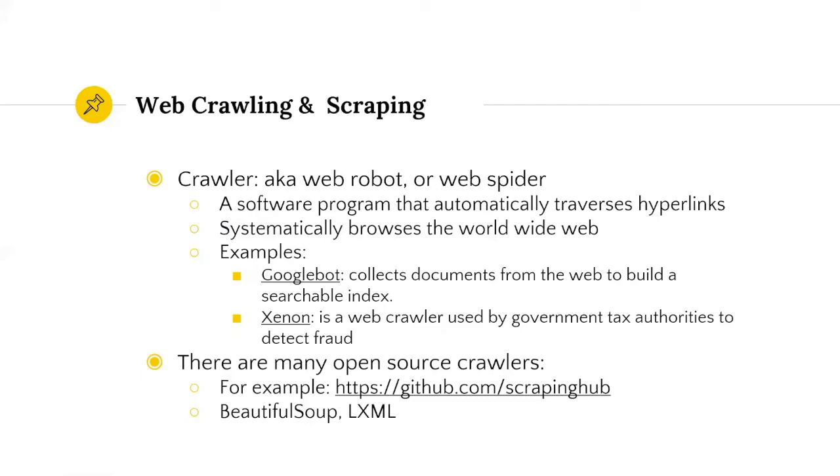A robot or a crawler or spider is a software program that automatically travels around the internet by getting into different hyperlinks. What it does is it goes to a web page, and on that web page, whatever hyperlink is available, the crawler is going to click that hyperlink, and then go to the web page that is directed by the hyperlink.